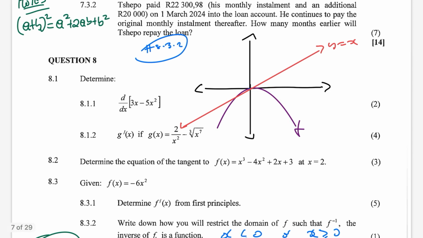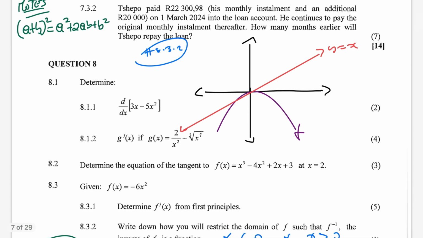So this is gonna go this way. Boom. Okay, and that's the inverse of this one here.